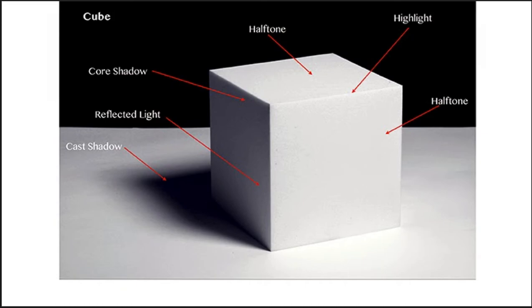The only time it isn't universal is if it's an unusual object. If I were to show you an object that had a bunch of texture to it, like a bunch of hair, like a really furry dog, it would be harder to see this, but some of these would still be there. There would still be a light side to the dog and a shadow side to the dog, and certain highlights would appear. You'd see highlights on the dog's eyes, or if it's a wet nose, and he would still cast a shadow.